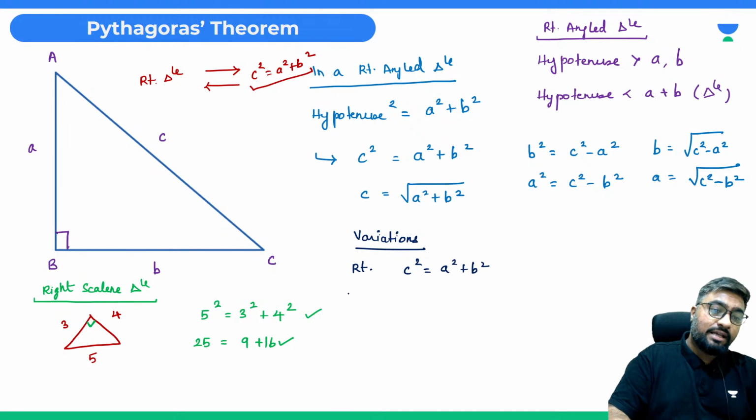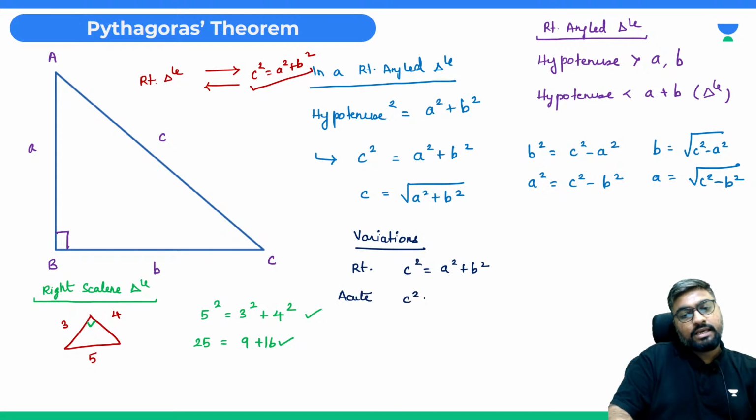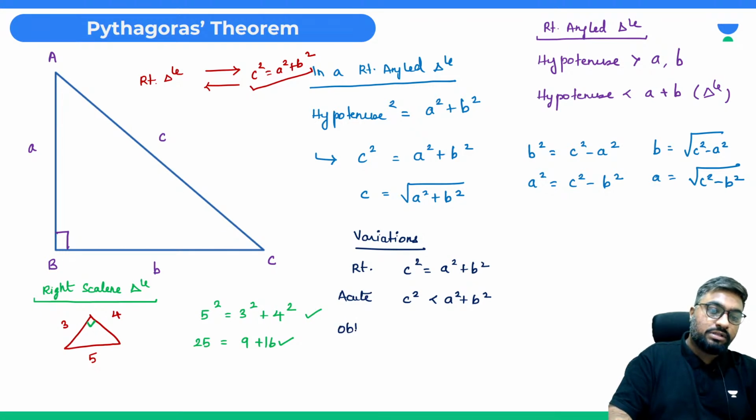If the triangle is acute, then c square will always be less than a square plus b square. Yes, and if it is obtuse, then c square will be greater than a square plus b square.